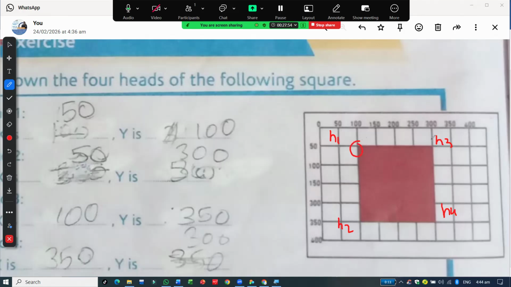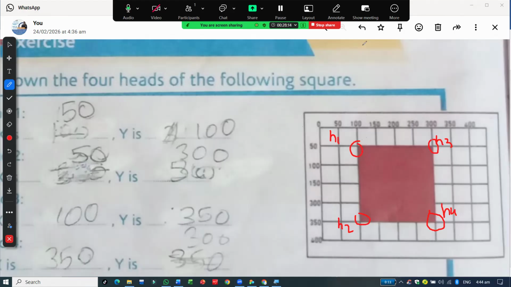Now you will fill in according to this how many x-axis and y-axis values you have in front of you. So solve this exercise. It has already been filled in by someone, so you will check by your own, maybe these values are wrong.